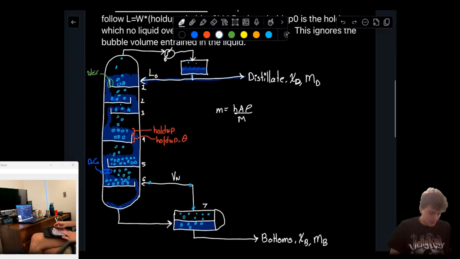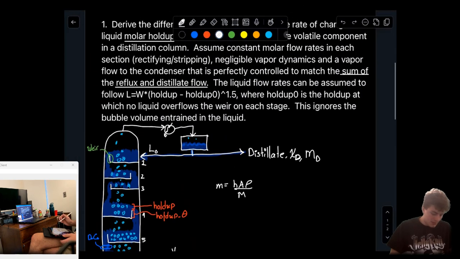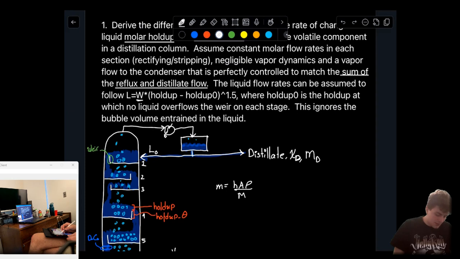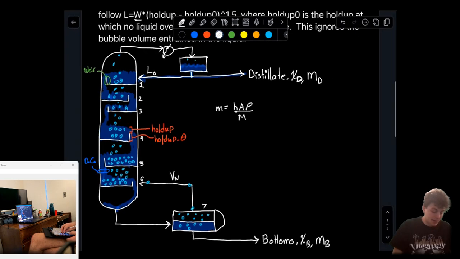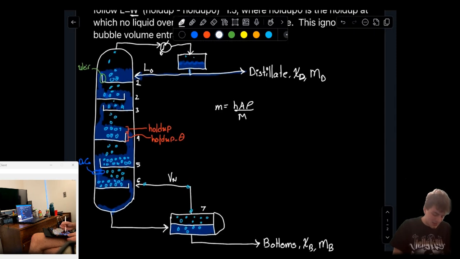Let's see if there's anything else we need to define. Again, we have this W term here. Oh, I know what I need to define before we go into that. I denoted an L naught and a VN here. Stage 4 is going to be our feed stage. So here's our feed, volumetric flow rate, as well as molar flow rate.